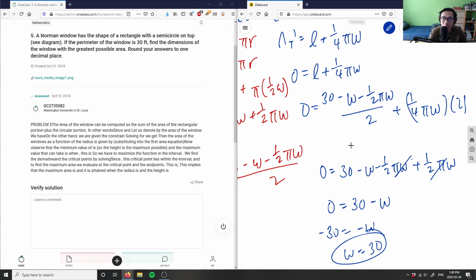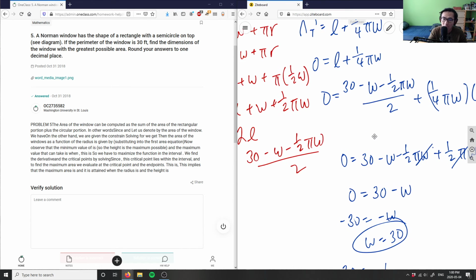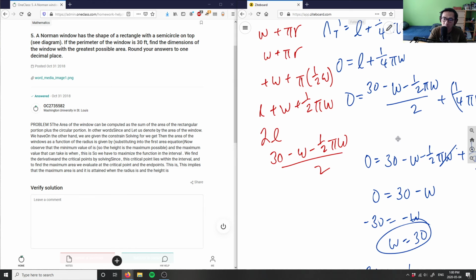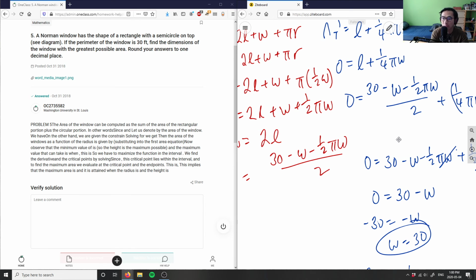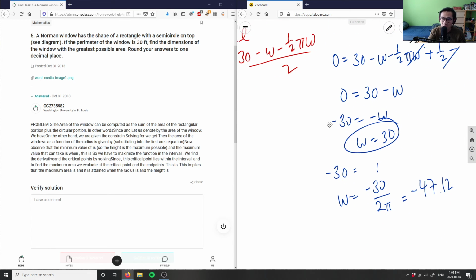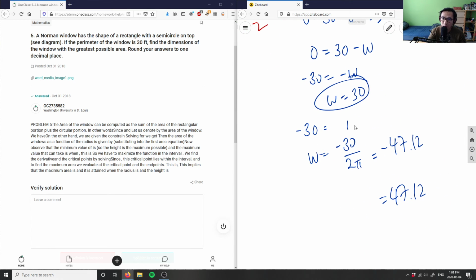So in this case, my width would be 30, and my length here would be, I'm going to just type this into my calculator. 30 minus half pi times 30 all over divided by 2 here, which I would get negative 15 over 2 pi would be my length here, which doesn't make sense because I actually get a negative number again here.